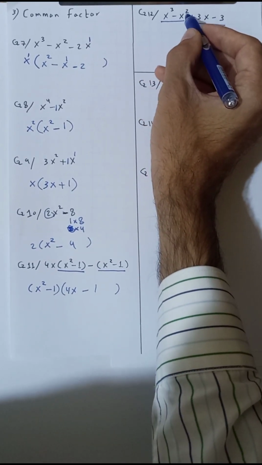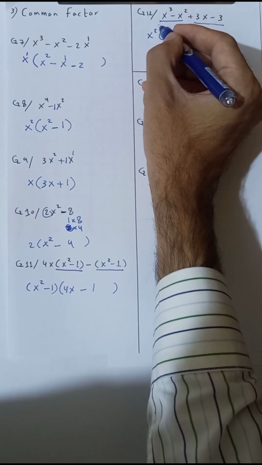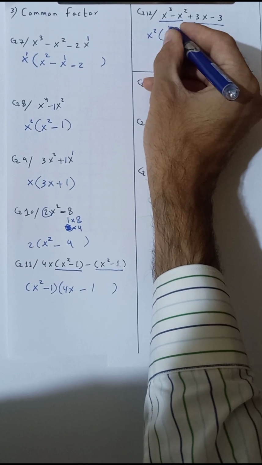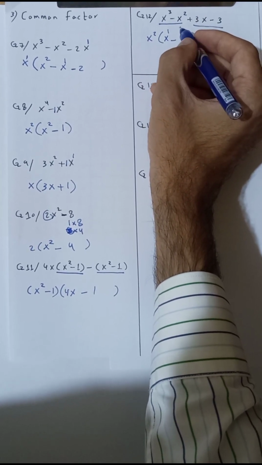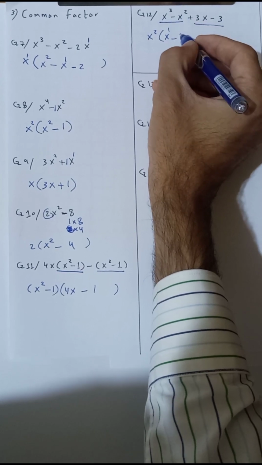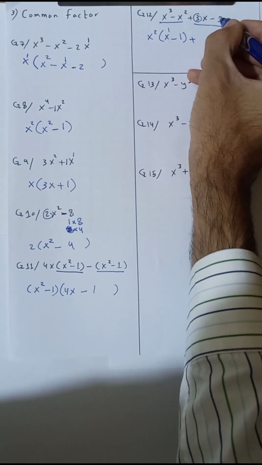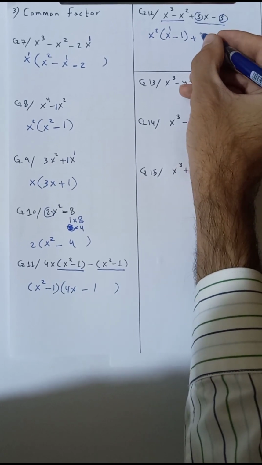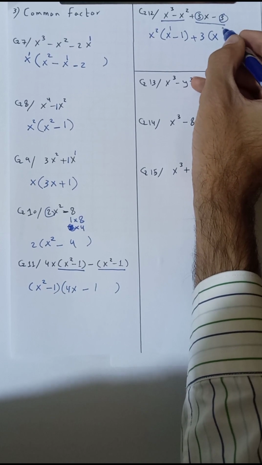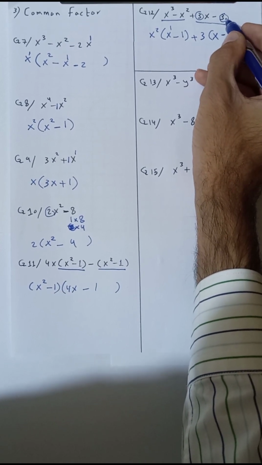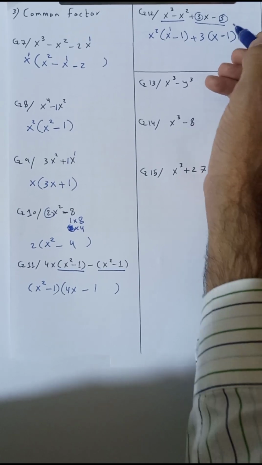Here x squared is common, x cubed minus 2x squared, x squared minus x squared, there is no x, but there is a coefficient. Here 3 is common, x is left over, minus, if we remove 3, the coefficient is 1.